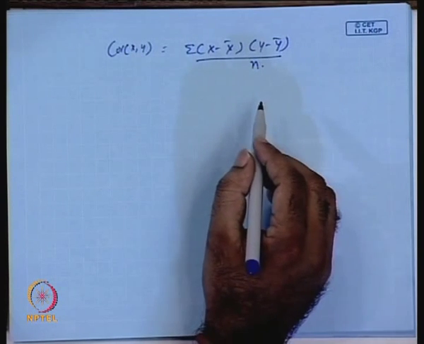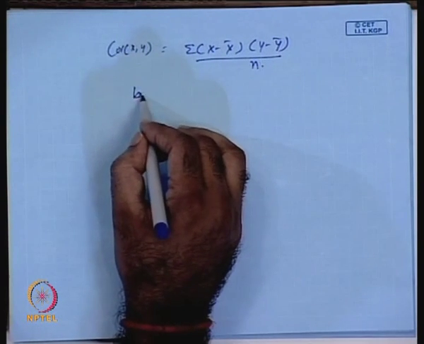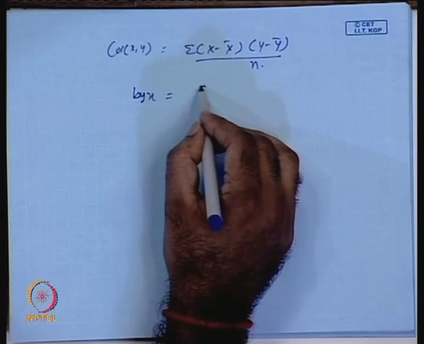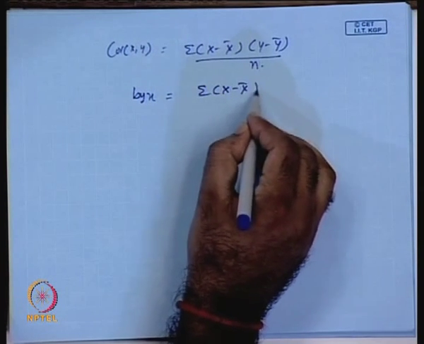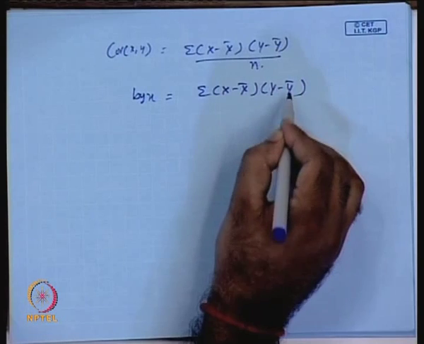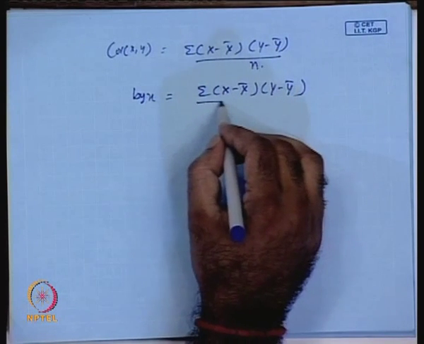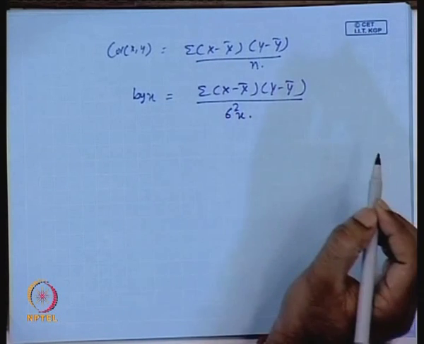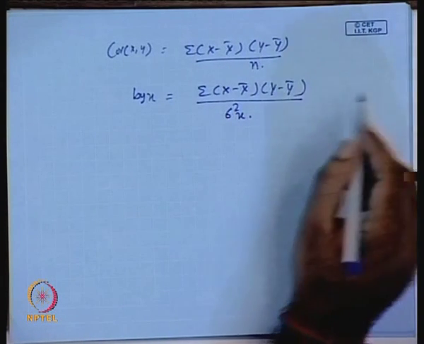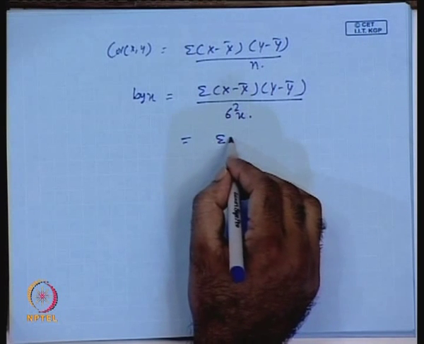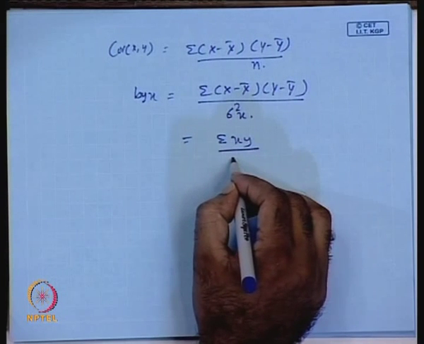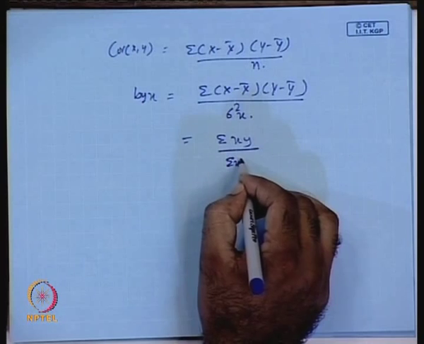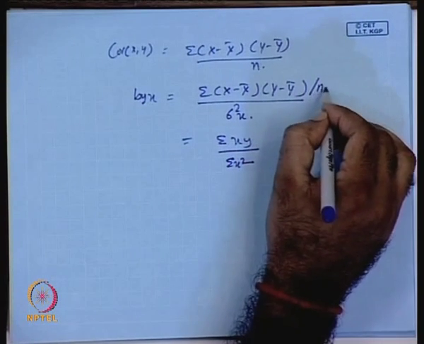So, again byx is equal to summation of (x minus x bar) into (y minus y bar) by sigma square x. It is sometimes written as summation xy by summation x square, divided by n.